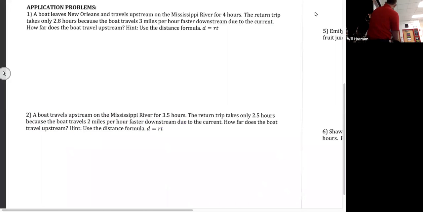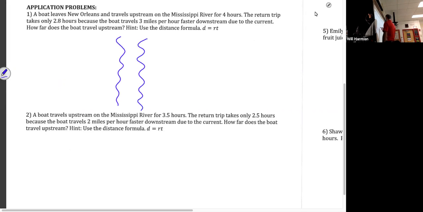All right, ready, Chucky? A boat leaves New Orleans and travels upstream on the Mississippi River for 4 hours. Okay? So let's go ahead and draw a picture. Okay, so you got this boat. Chucky, you drawing this? All right, good.